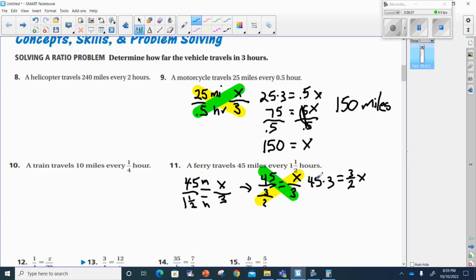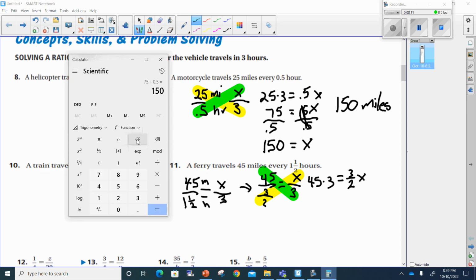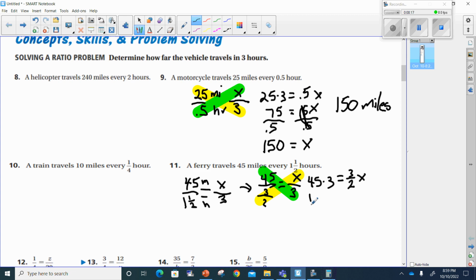When I do this, 45 times 3, do this really simple. That's going to give us 135. Equals 3 over 2x.